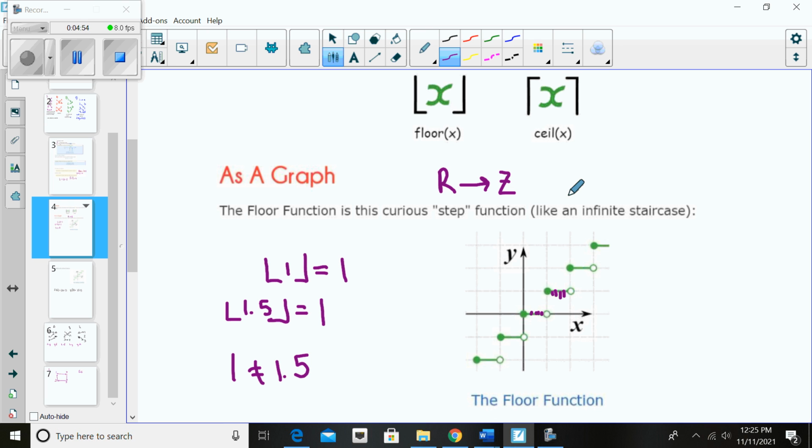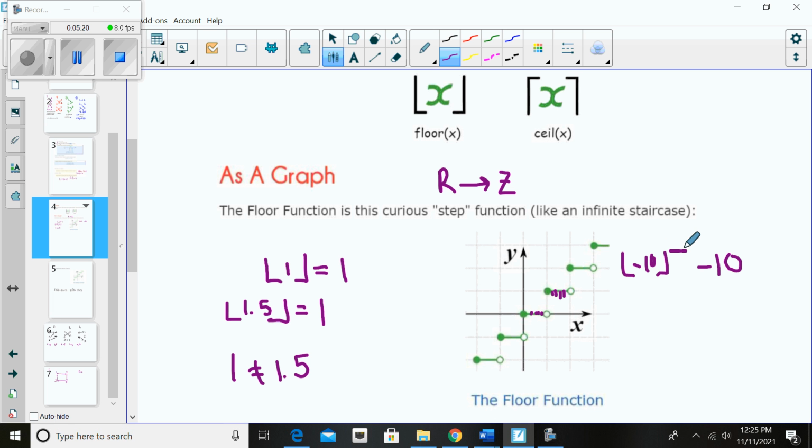And is this onto, if we looked at this function from, let's say, R to Z? Could we get an output of every single integer? Think about that for a minute. Like if I said -10, could you give me something in this function that would output -10? This is actually really easy because every integer maps to itself.